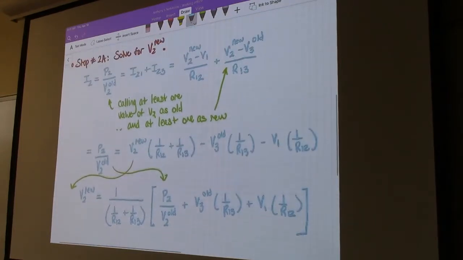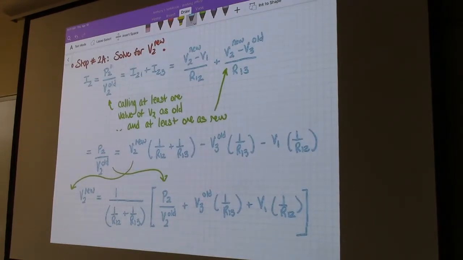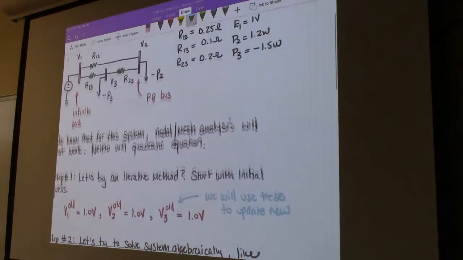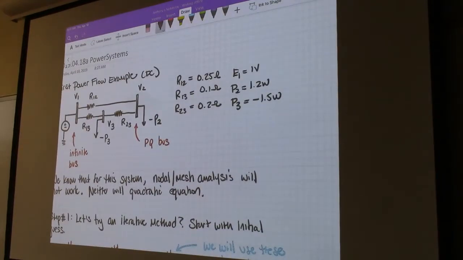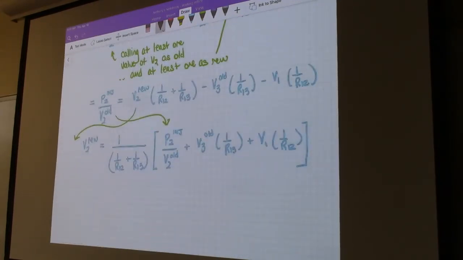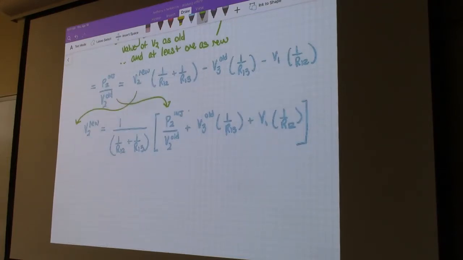Now, I'm going to start using a little superscript here in order to separate the calculated and the known values from one another. I'll start calling that the injection, which is just another way of saying that that's the known value. And so we know all these. Now this will be 1.2 watts.